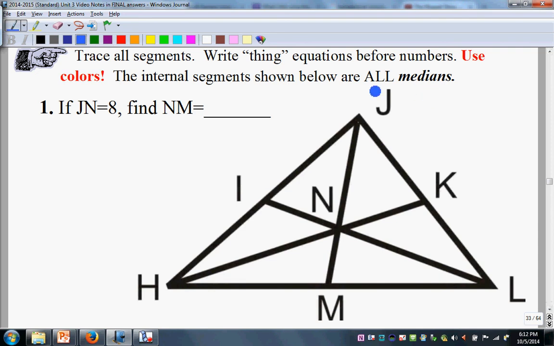Ready? Let's do a couple. Below we have all three are medians, so hatch marks, hatch marks, hatch marks. All three are medians, which makes this point here N the centroid.